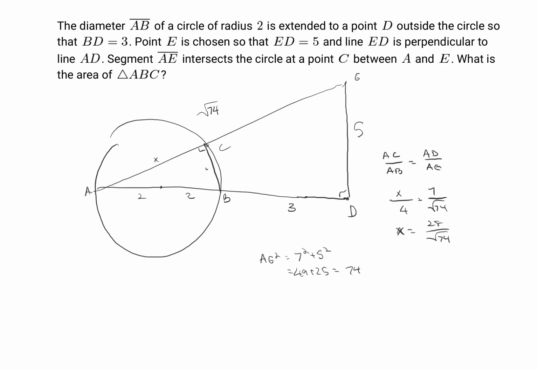Now, if we want to find y, we know that this is also equal to CB over ED, which is y over 5. And we find that y equals 35 over square root 74, I think.